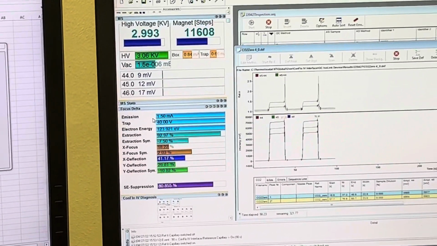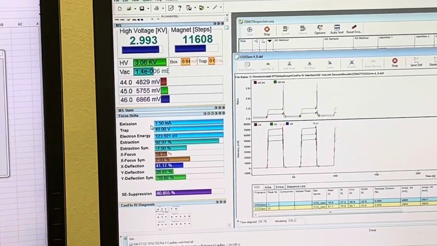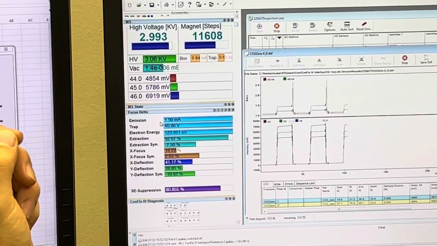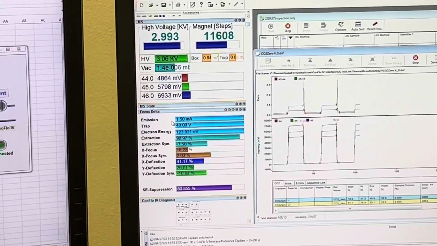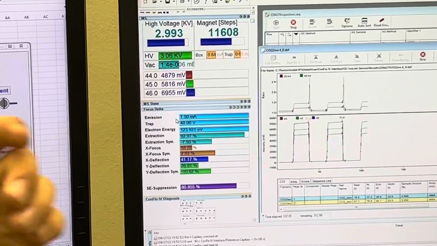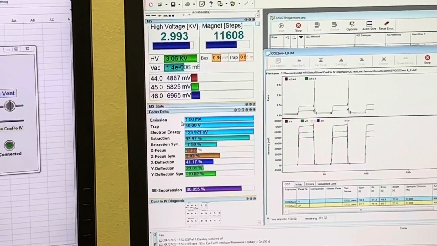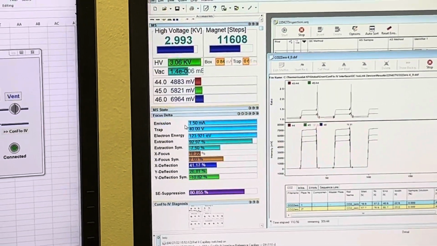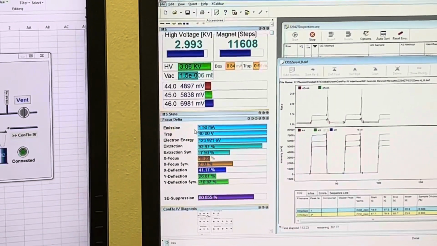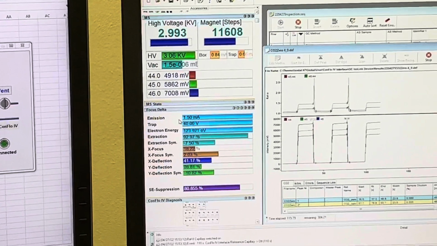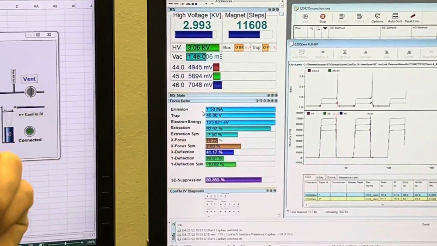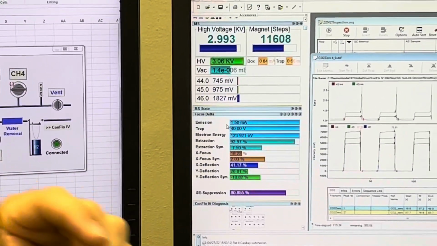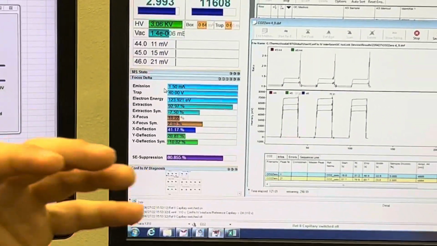I believe it's either the electron energy or the extraction. It's probably the electron energy. When you're analyzing hydrogen, I think that has to be lower, to decrease the amount of bullets that are firing, to decrease the amount of H that you're making.